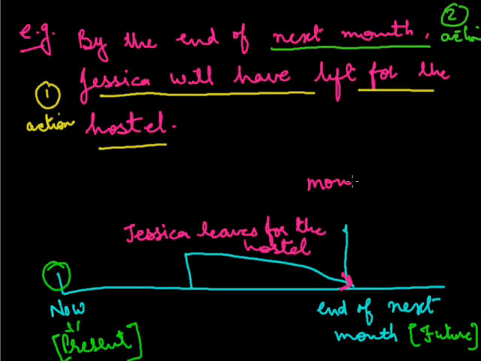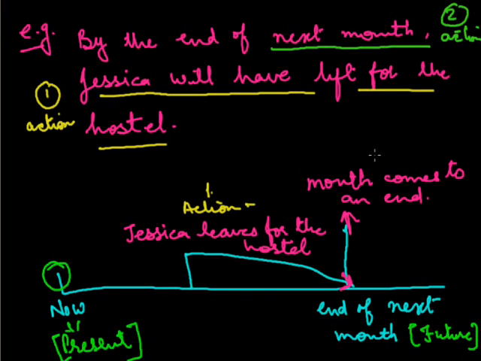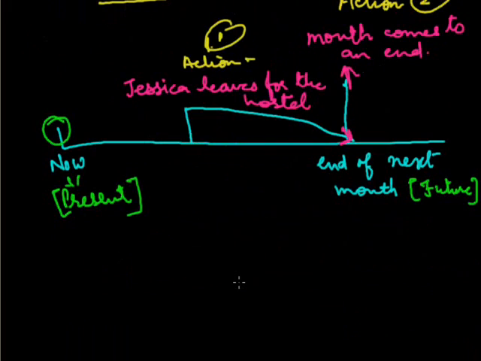Here the month comes to an end. So which is action 1? This is action 1. Okay, and this is action 2. Action 1 and action 2. In this sentence, 2 actions are there. So now I have shown you this timeline. This is my timeline which I always tell you.